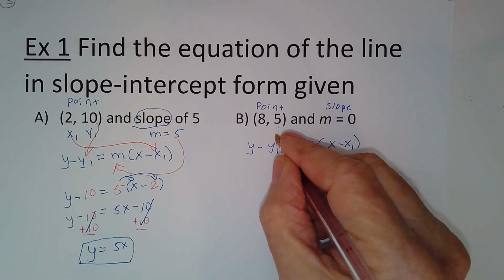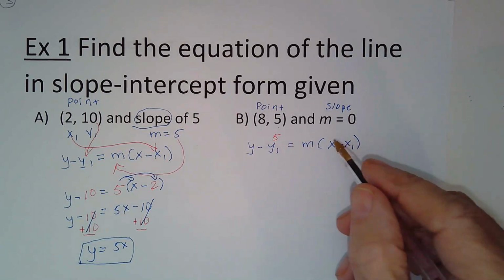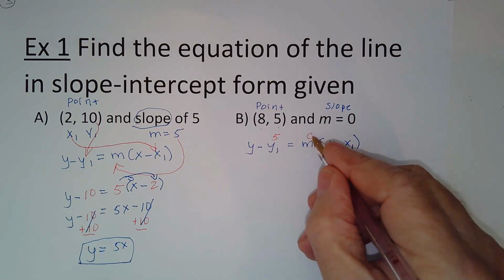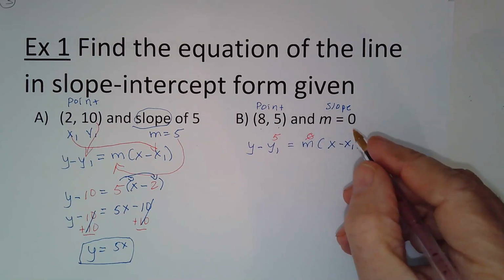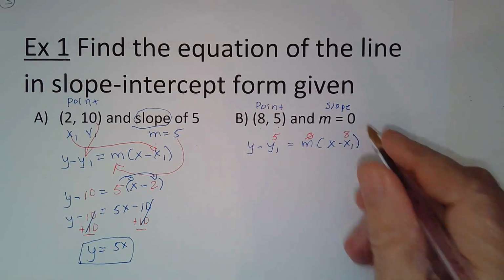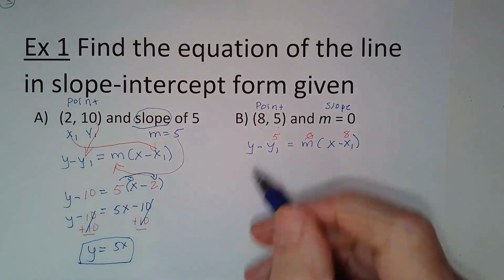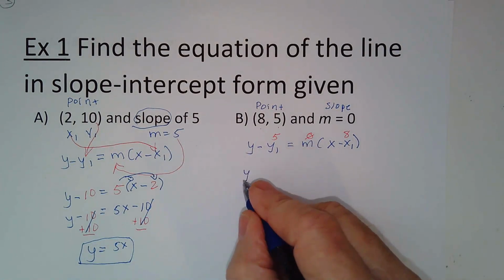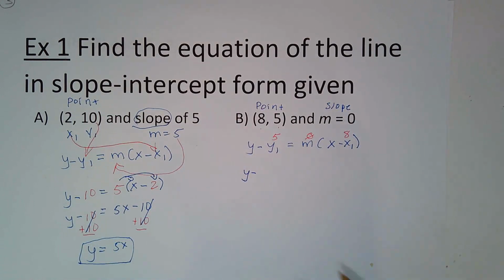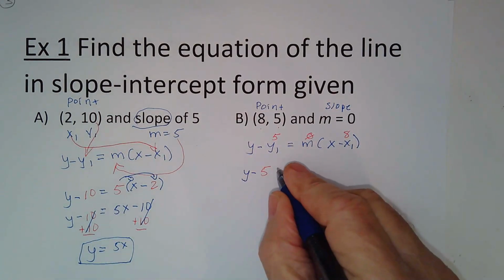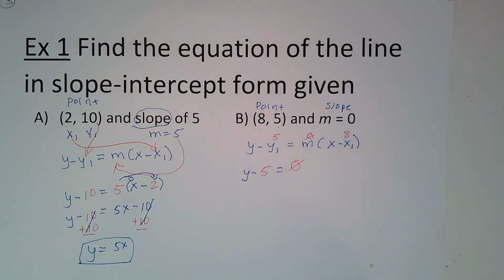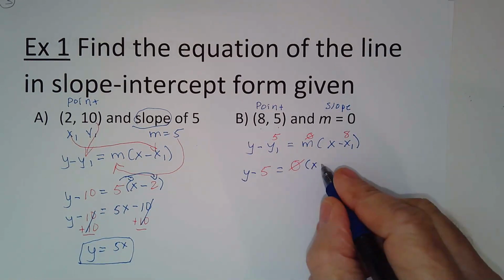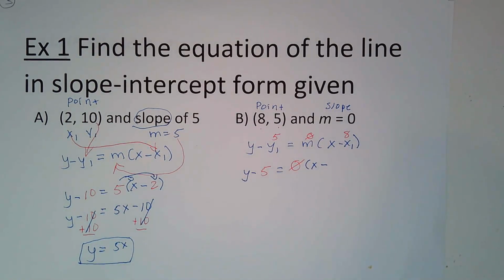Your y is going to be your 5. Your slope is going to be 0. Your x1 is going to be 8. Okay? So you're going to rewrite this as y minus your y1 of 5 equals 0 times your x minus your x1, which is 8.